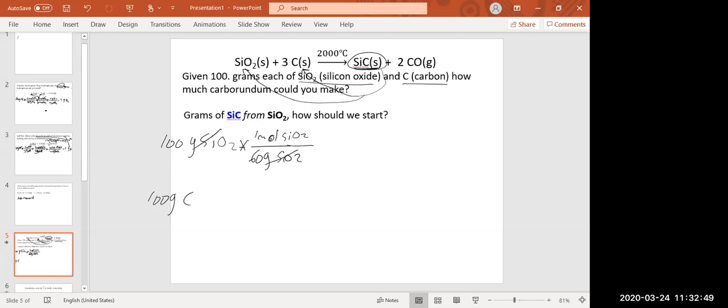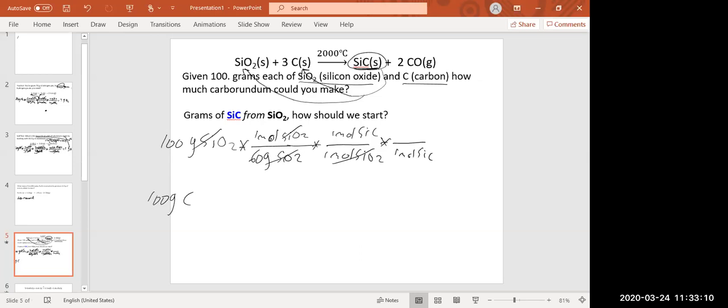So the gram SiO2 cancels with this one. Now times the mole to mole ratio between SiC and the SiO2, which is 1 to 1. 1 mole SiC, 1 mole SiO2. Okay, so mole SiO2 cancels with this one. Now times the molar mass here, 1 mole SiC.